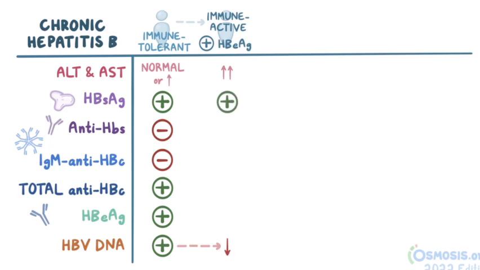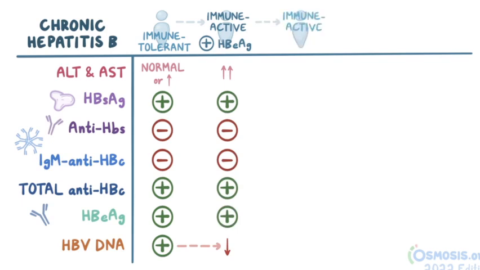Hepatitis B surface antigen is positive, anti-HBs is negative, IgM anti-HBc is negative, and total anti-HBc remains positive. And the virus is still actively replicating, so hepatitis B e antigen is positive.